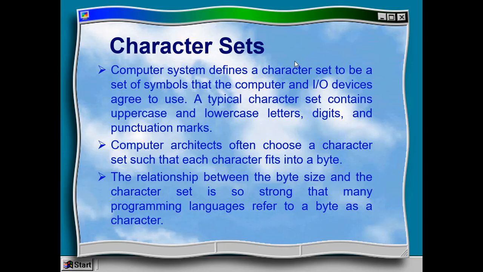A computer that uses 6 bits has 64, that's 2 to the power of 6, characters. The relationship between the byte size and the character set is so strong that many programming languages refer to the byte as the character.